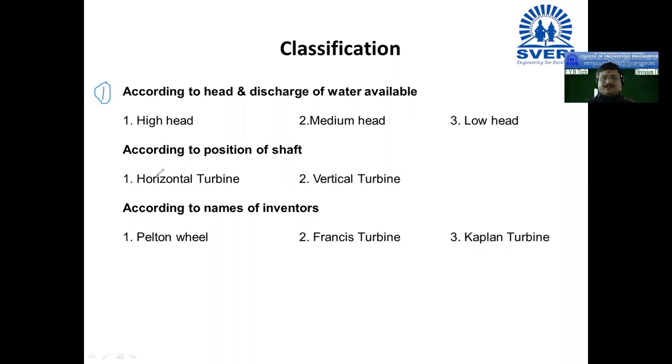See, there is a dam. This is the construction of, suppose, a dam, and water is available over here, and there are different levels of water. If the height of a dam is greater, then automatically the water level is going to increase.